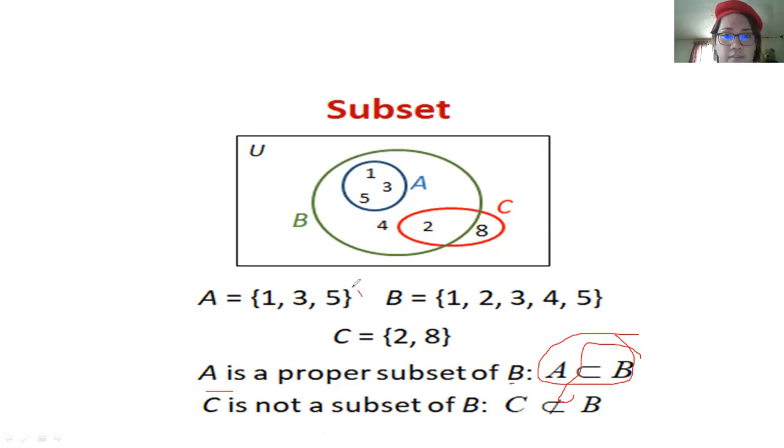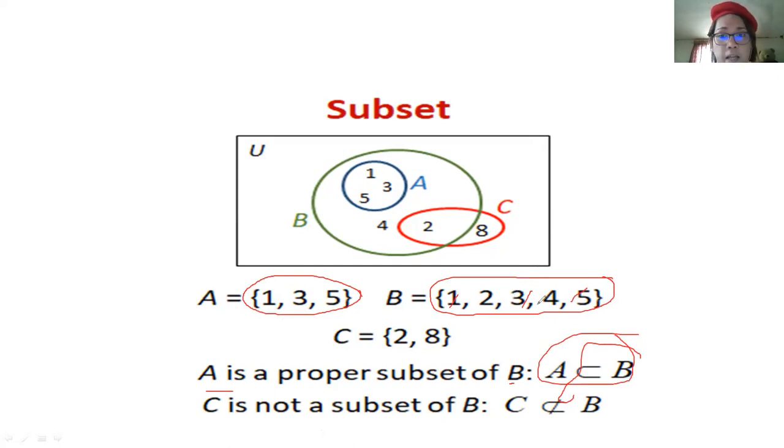I want you to observe the elements so that you can identify why it's called a proper subset. Why is A a proper subset of B? So check the common elements 1, 3, and 5. Why is A a proper subset of B?